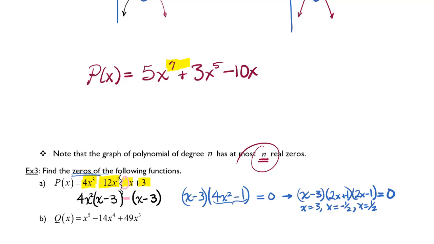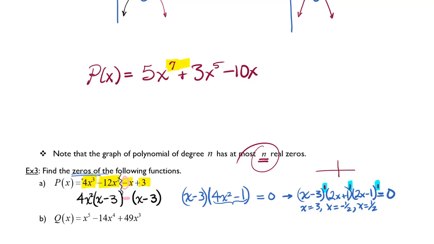If I look at the degree or multiplicity of each one of these binomial factors, it's all of multiplicity 1, which means all of these roots will go straight through. They will not flatten out, they will not bounce, etc. So all you have to do is look at the end behavior first.